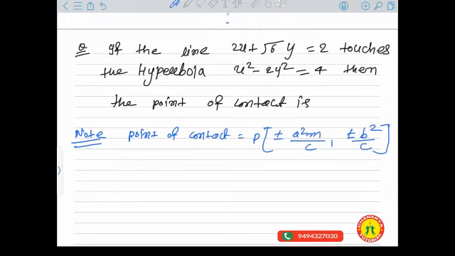This is the point of contact. If you don't know the formula, point of contact is plus minus A square m by c, plus minus B square by c. So you got the answer, ना?